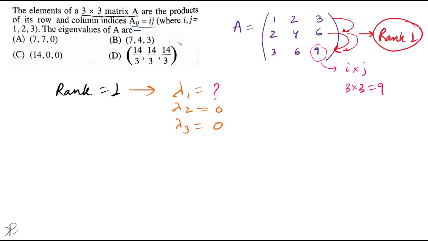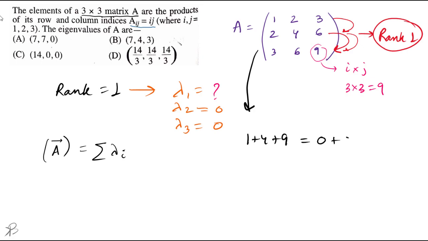Now we know that the trace of a matrix, so the trace of A, is the sum of the eigenvalues. Then if we take this matrix, we can write that 1 plus 4 plus 9, which is the trace of the matrix, is equal to 0 plus 0 plus lambda 1.